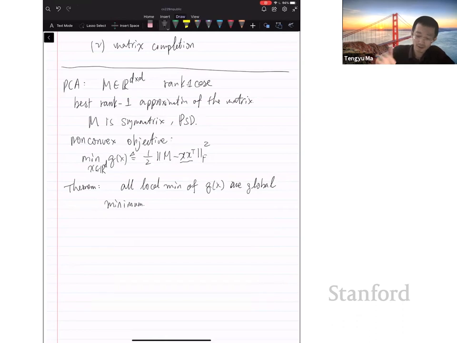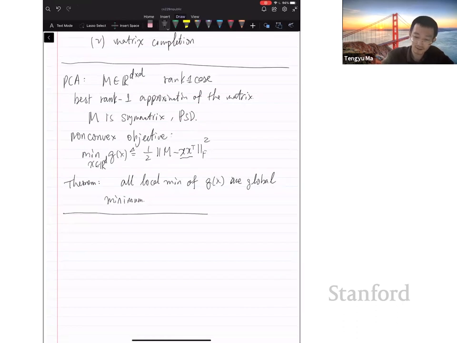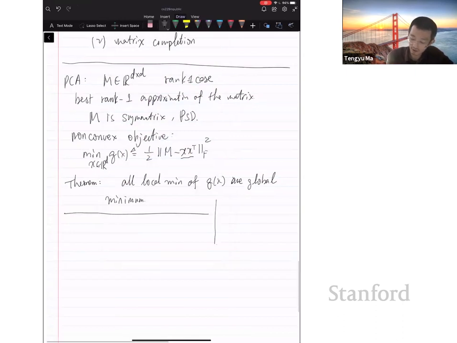Okay, I think I forgot to pass a figure here. If you look at the one-dimensional case, this function looks like this. So D is 1. Then you just have a scalar, m minus x squared, squared. This is the function g of x, and you plot it, it looks like this.